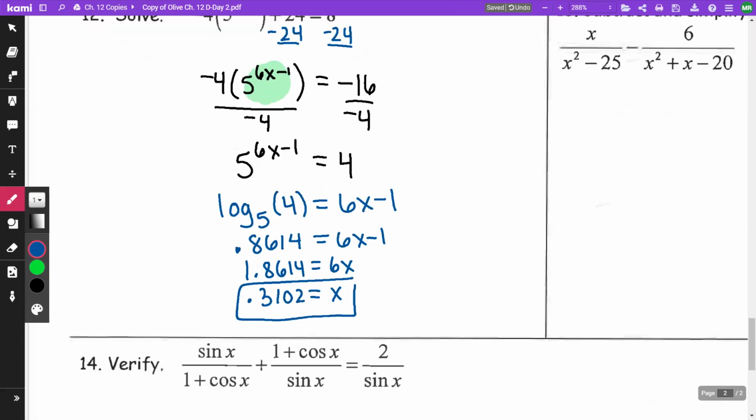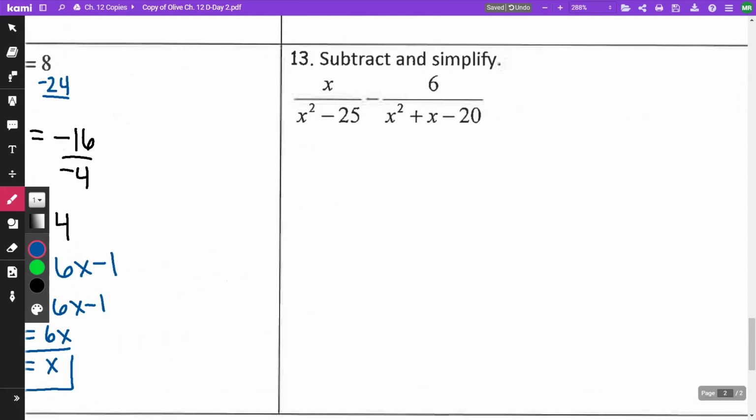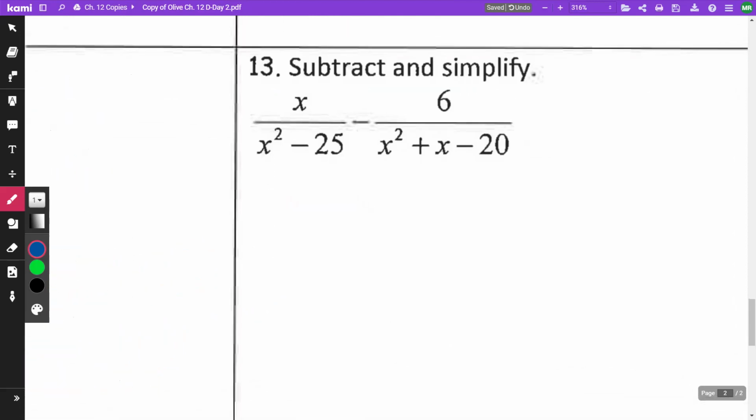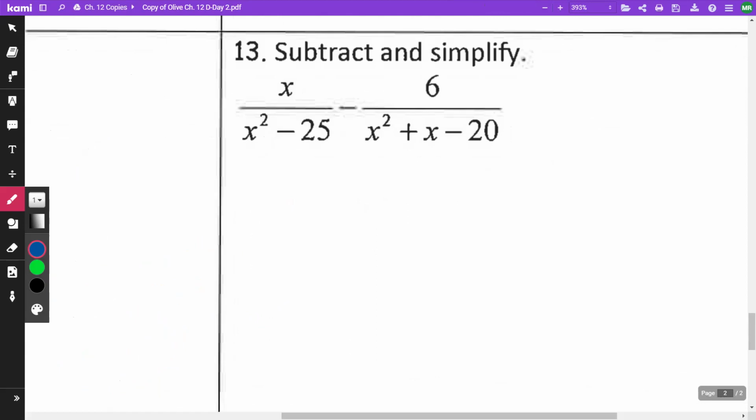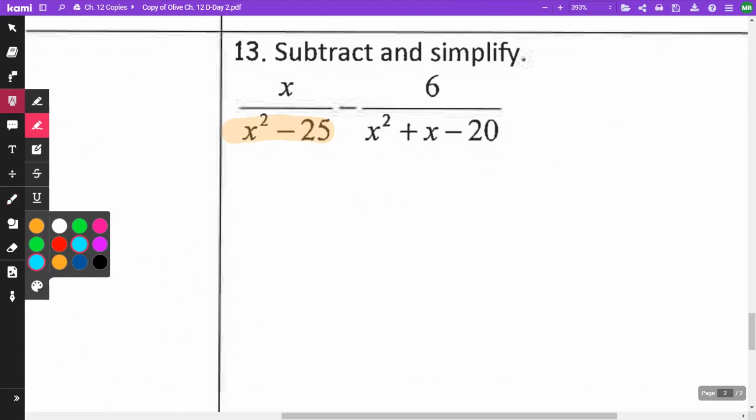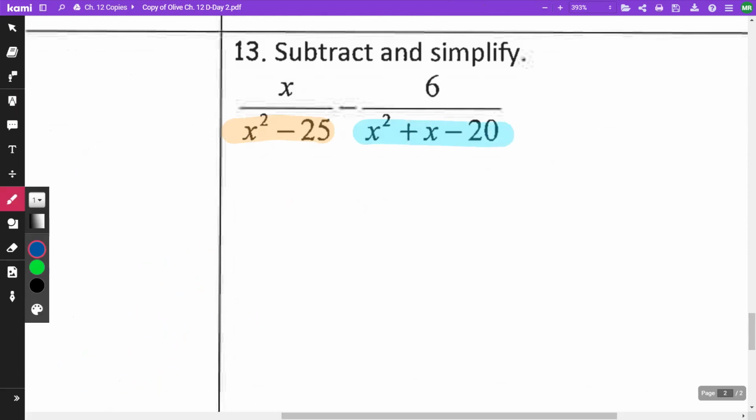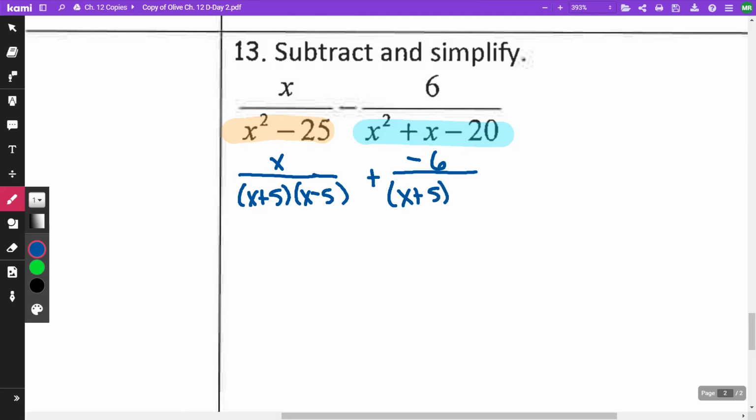On 13, we're trying to subtract. So I need to first factor both of these denominators. I am going to have x over x plus 5 times x minus 5, minus, and I'm going to do this plus a negative 6, and this is going to be x plus 5, x minus 4.